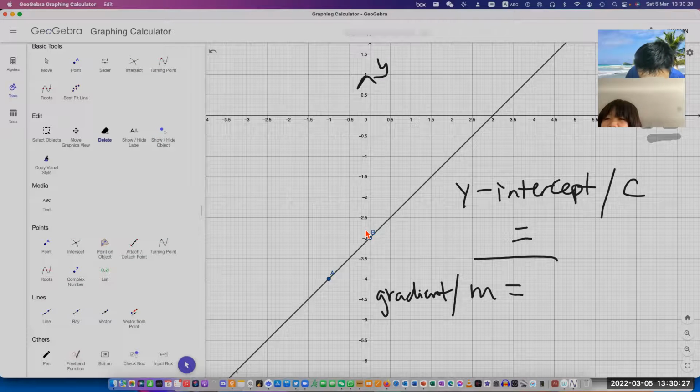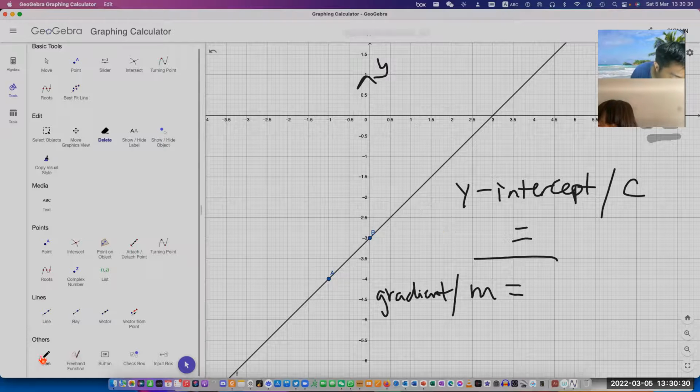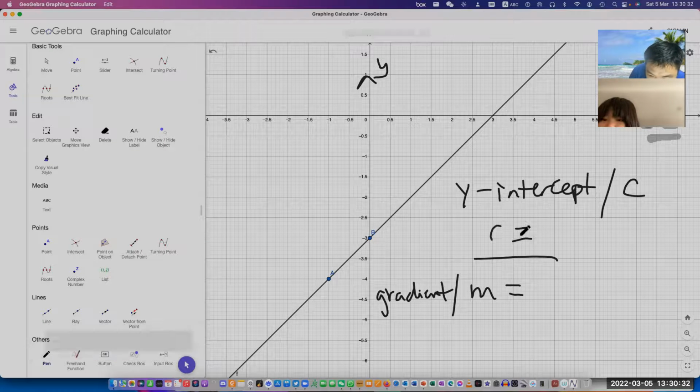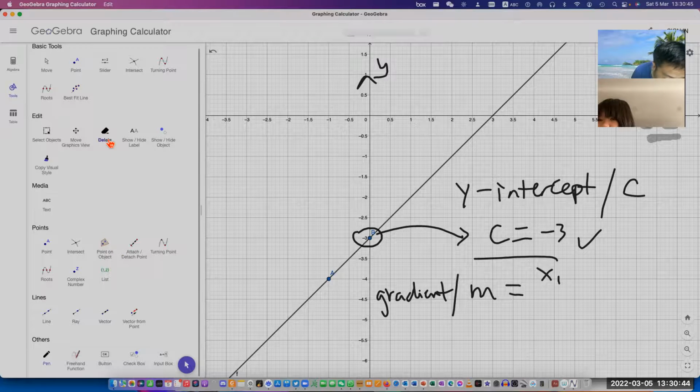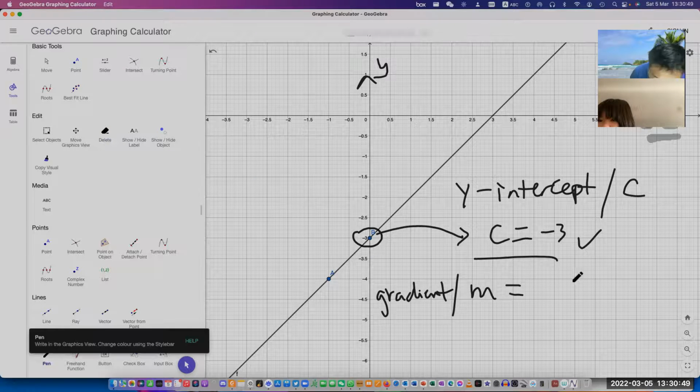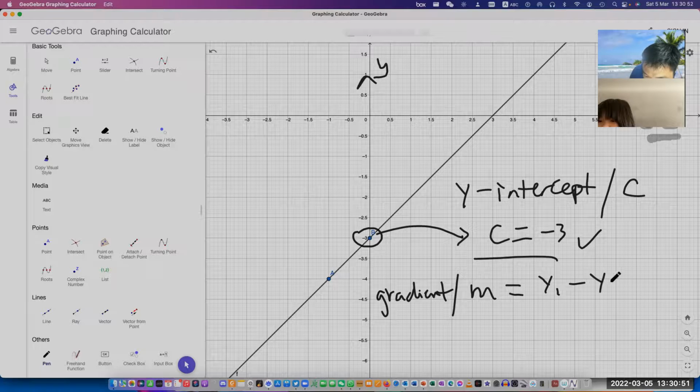Okay, this is the C equal to -3, I read from here. The gradient m is, remember the formula, y1 minus y2 divided by x1 minus x2.